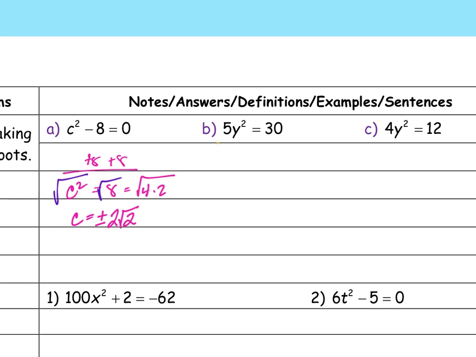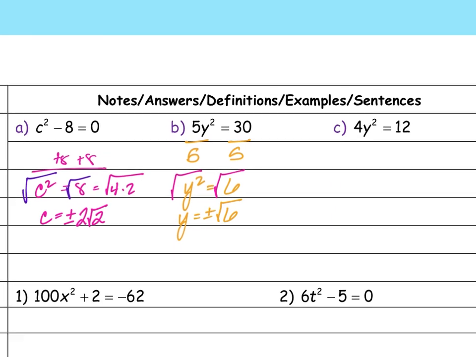And then I'm going to divide by 5. So for B, I'm going to divide by 5, so I get y squared equals 6. And then square root, and y is going to equal plus or minus root 6, because 6 is just 2 times 3, so there's nothing that deals with that one.